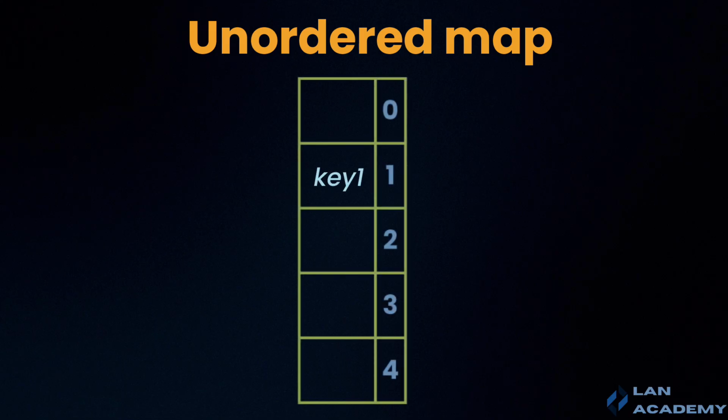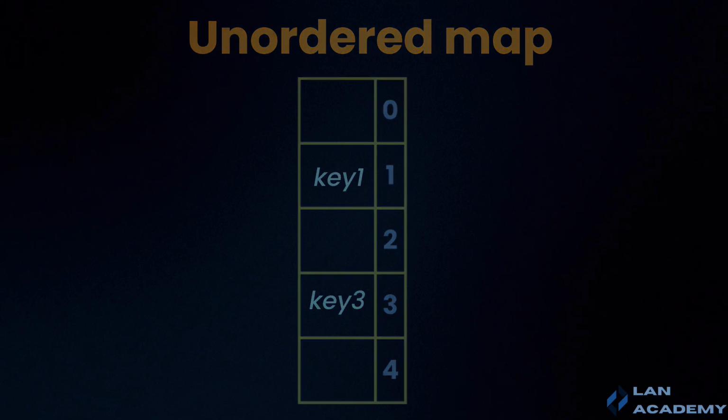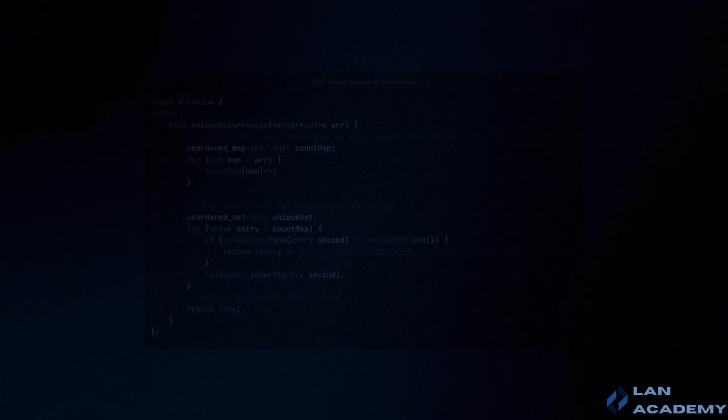It is ideal for implementing data structures such as dictionaries, symbol tables, and others that require fast lookups, being a very powerful and efficient container for managing key-value pairs in C++, providing excellent performance for most common operations due to its hash table-based implementation.